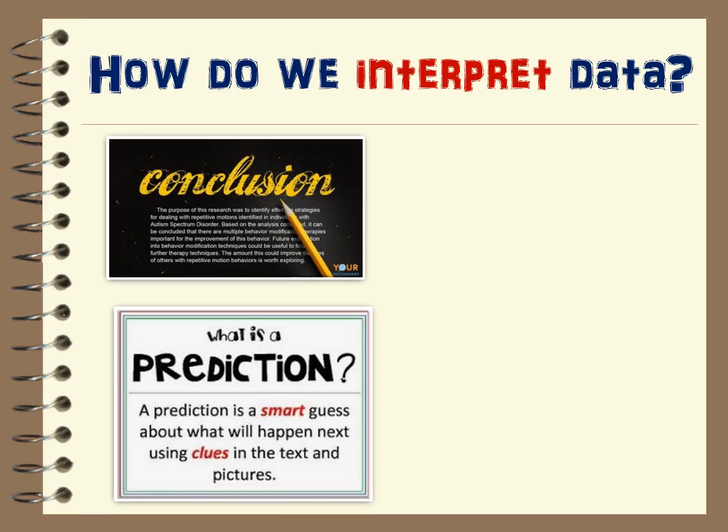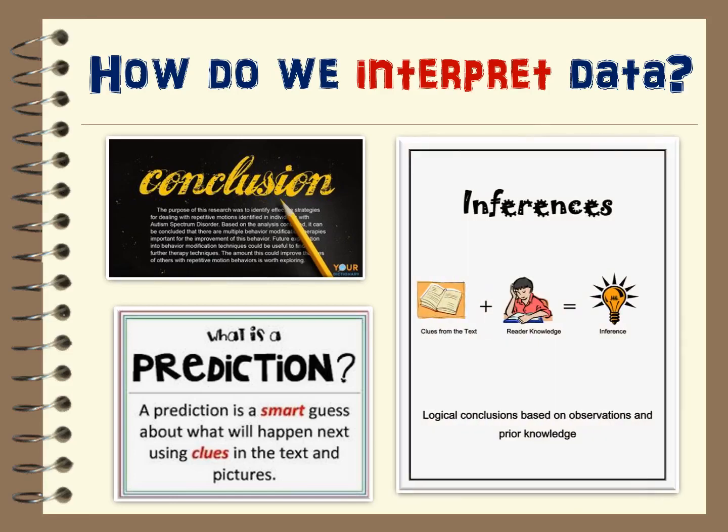It is a smart guess about what will happen using the clues, either in the experiment, in the pictures, or in the gathered data. And the last one is you have to make your inferences. This is a logical conclusion, just similar to a conclusion, which is based on your observation and prior knowledge.